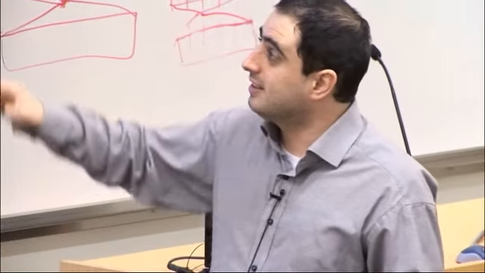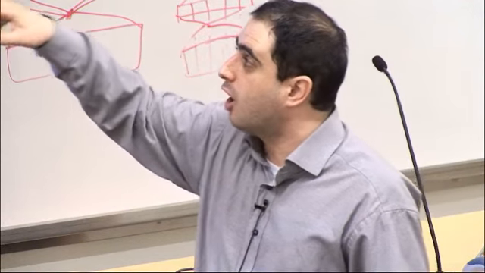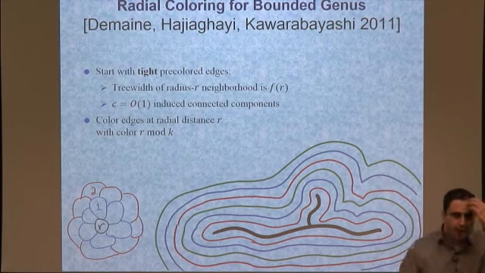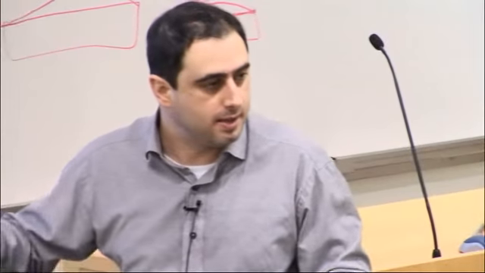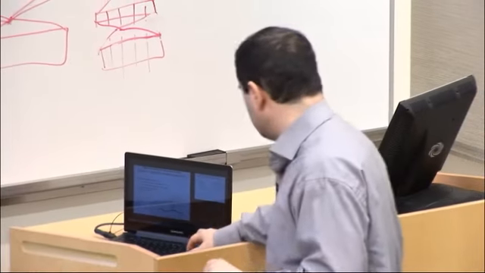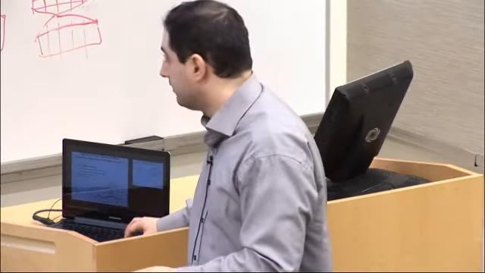And the other thing is that treewidths of radius R neighborhoods is f of R. So for any R neighborhood of this guy that you will consider, if you have this guarantee that you can get f of R, then it should be bounded. So this is called tight pre-colored. I want to quickly mention why this theorem is still correct for this case.